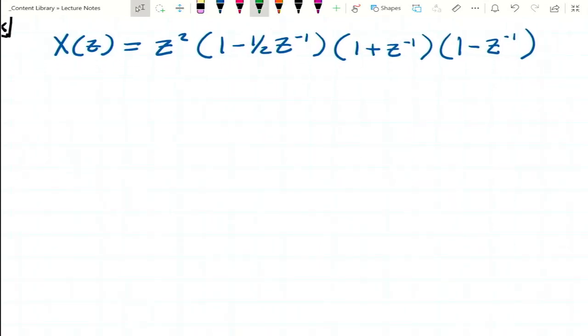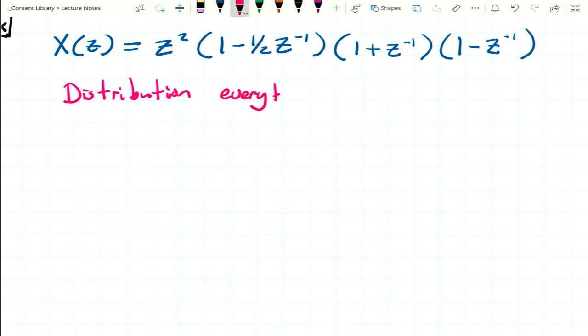So all we do to find this one is just distribute everything out. Again, it's just simple algebra, right? Distribute everything out. So, yeah, man, let's do it. X of z is equal to, I'll just do the first bit here.